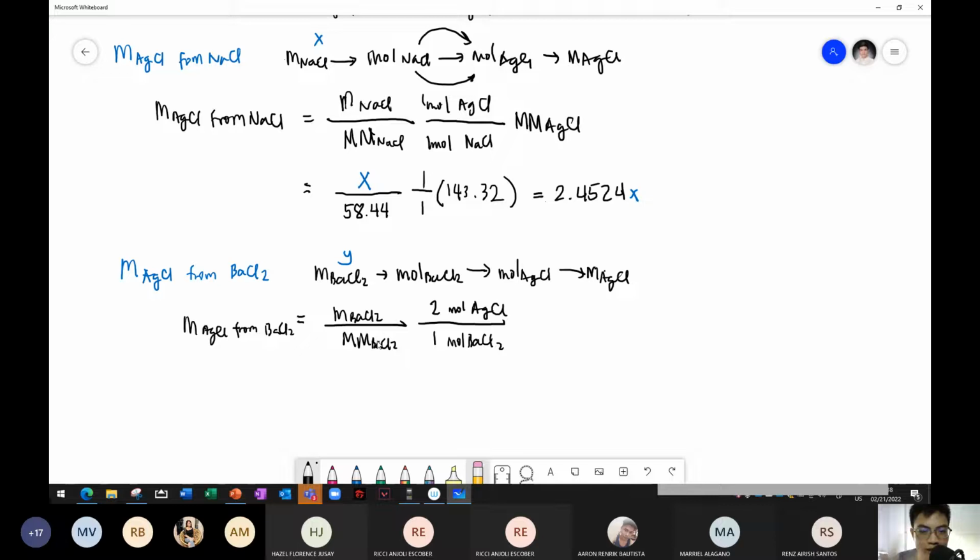The reason why yung AgCl ay may 2 na coefficient is that gagawin nating same yung Cl ng AgCl and the BaCl2. Okay? When you have 2 moles of AgCl, the number of Cl is the same as 1 mole of barium chloride. Okay? Ganun lang. And then, multiply by the molar mass of AgCl.